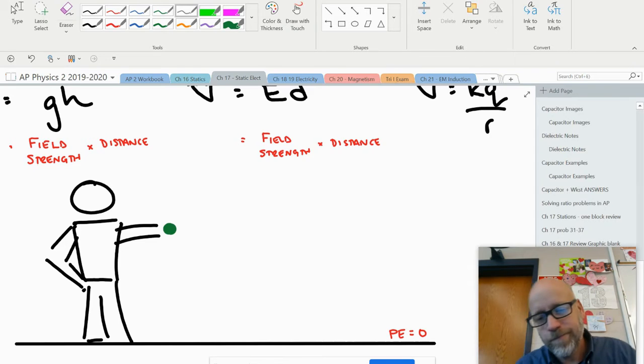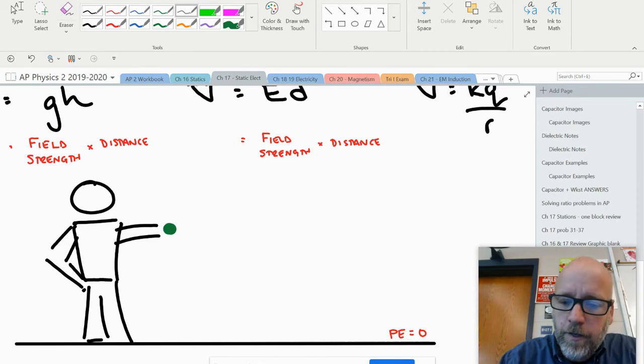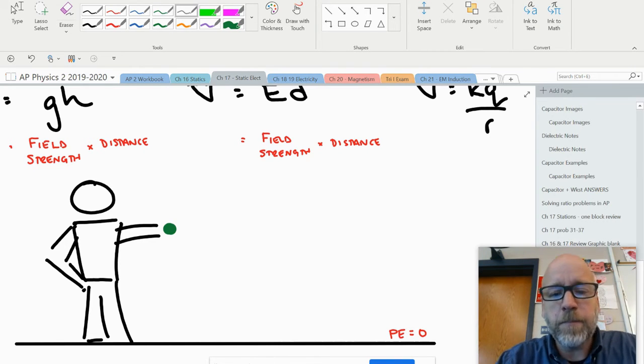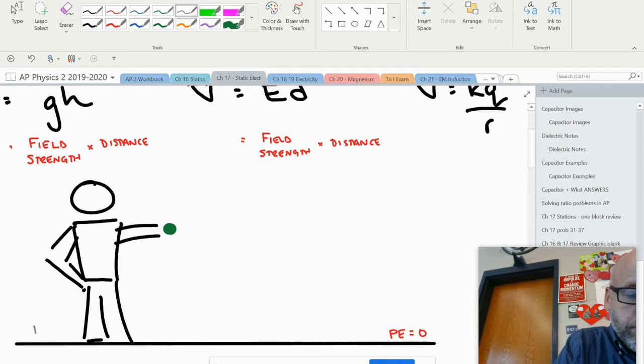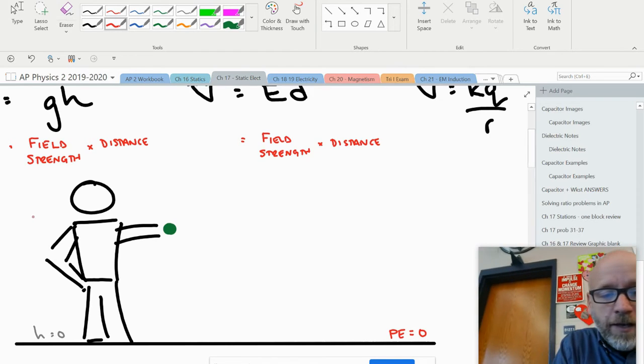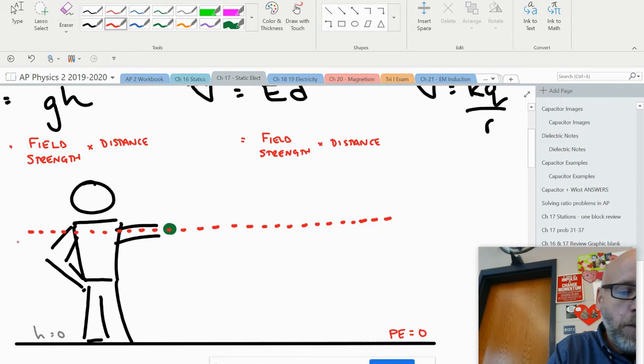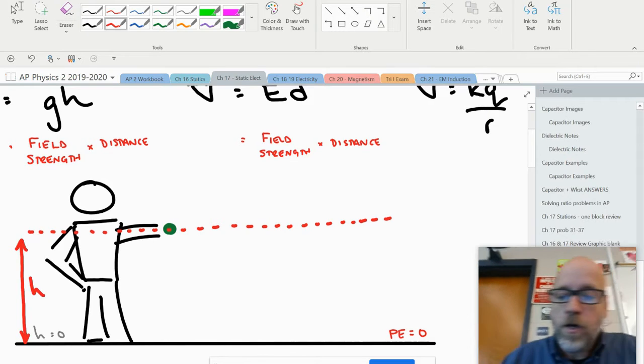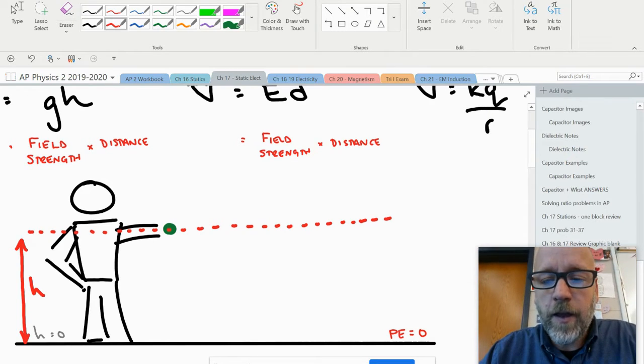So let's go ahead and mark the ground as being at potential energy equal to 0, or height 0. If I wanted to note what the voltage was at any point, anywhere along this line that is the same height above h equals 0, the voltage would be the same.